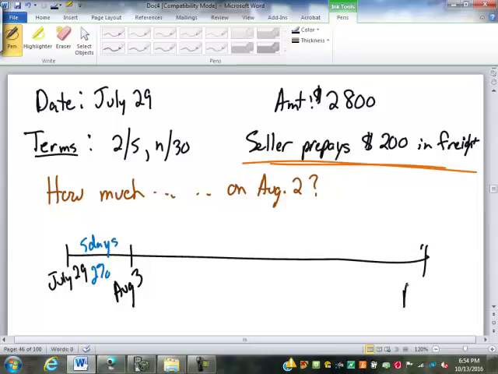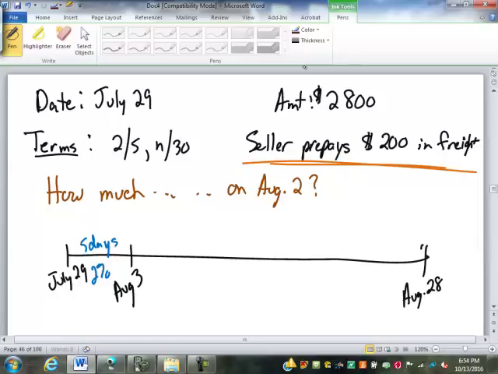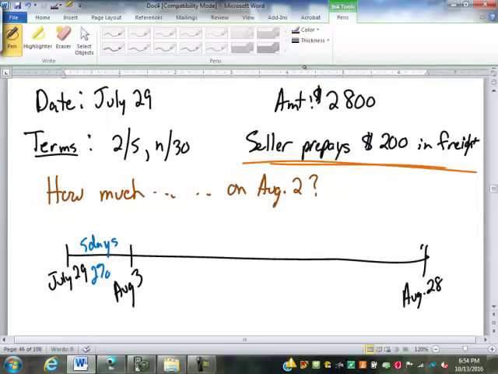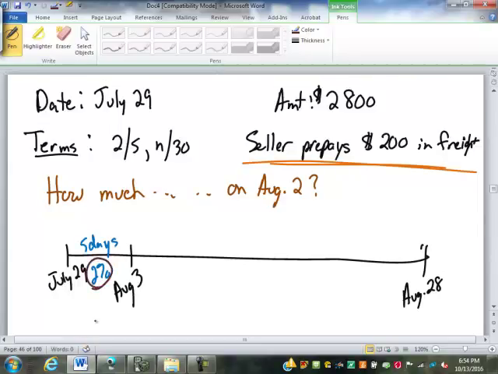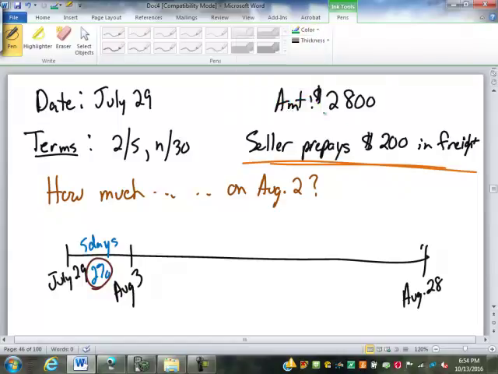My 30 days is going to end on August 28th. We paid on August 2nd, which means we do get the 2% discount. How much do we owe? Is it just $2,800? No, we also owe the $200 in freight.